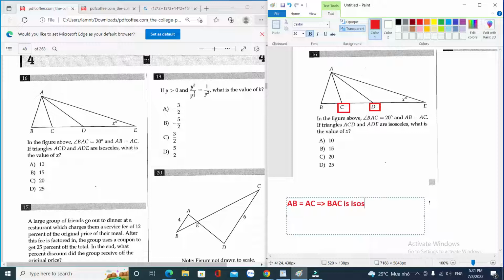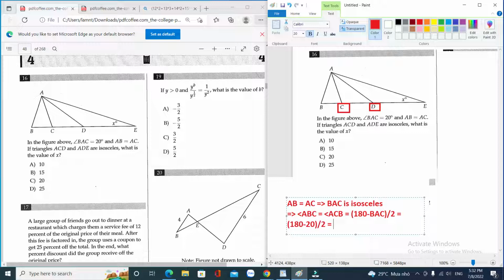So we know that ABC, which is angle B, has to be equal to the angle ACB, and that has to be 180 minus BAC divided by 2, which is 180 minus 20 divided by 2.